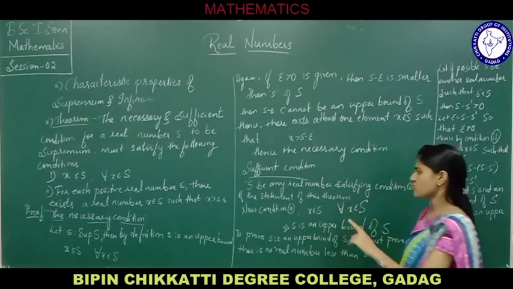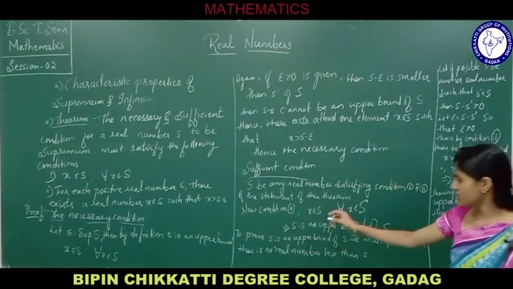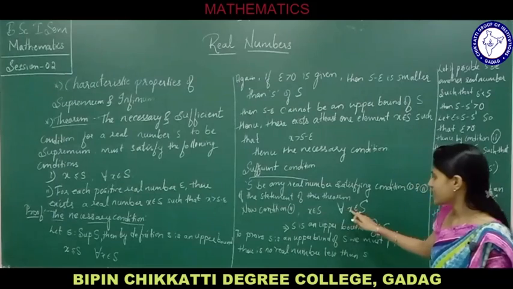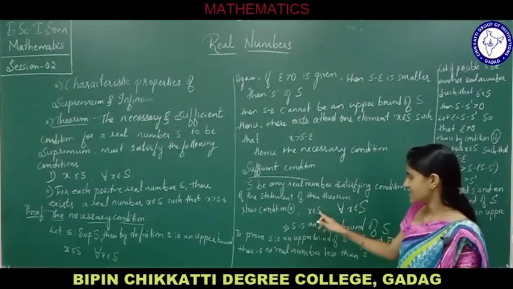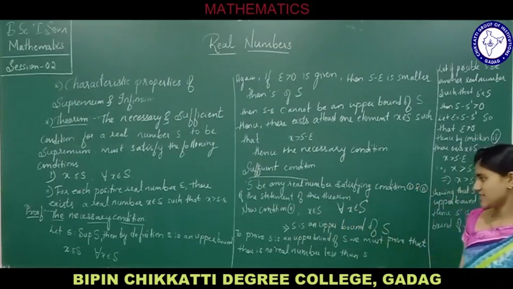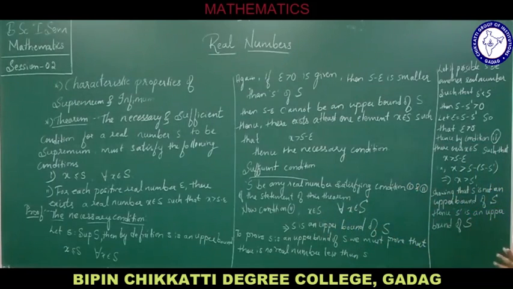Then x is less than or equal to s for all x belongs to the set S, which implies s is an upper bound of S. To prove it is the least upper bound, we must prove that there is no upper bound less than s. To prove that, we consider another number s dash which is less than s.